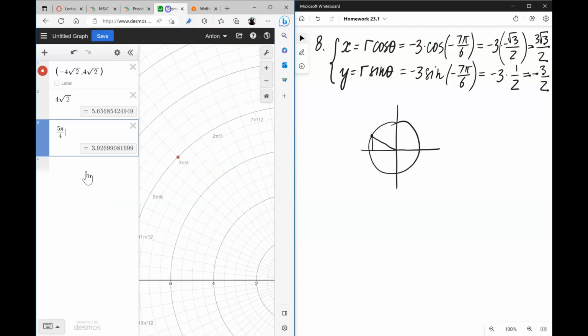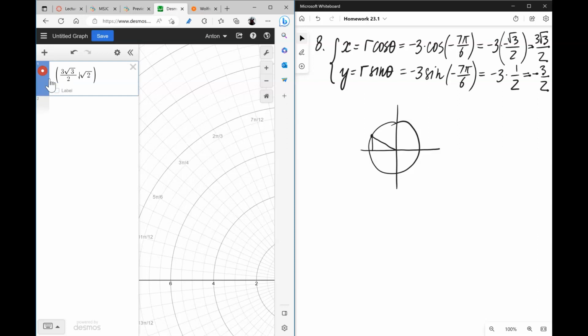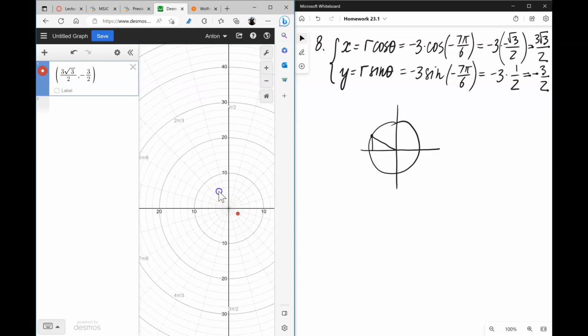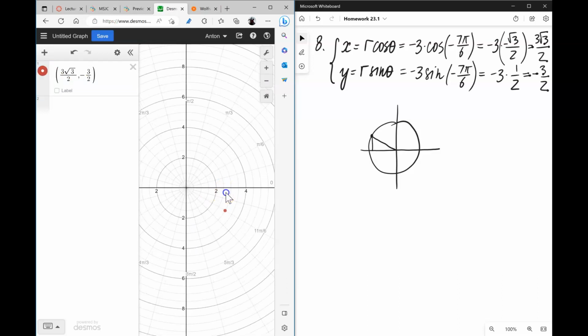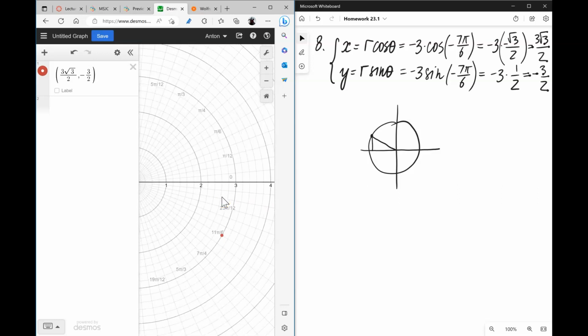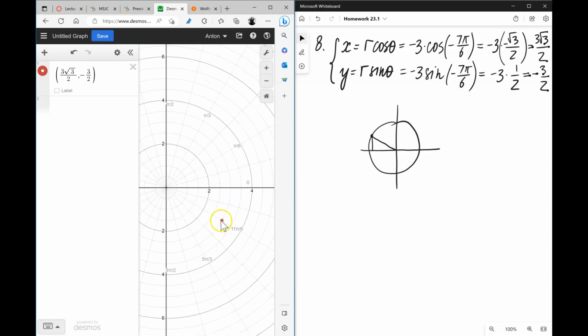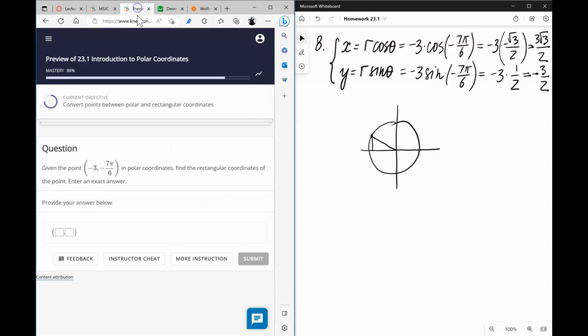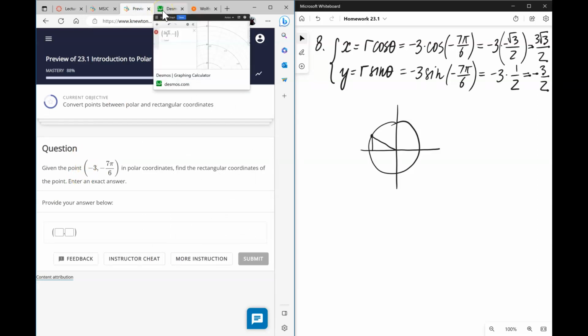Again, before we enter it, we can check the work. We can enter the answer, and we can look at the Cartesian coordinates, or we can look at the polar coordinates, so 11 pi over 6, and it looks like it's 3 units away, which is the same as -7 pi over 6, 3.